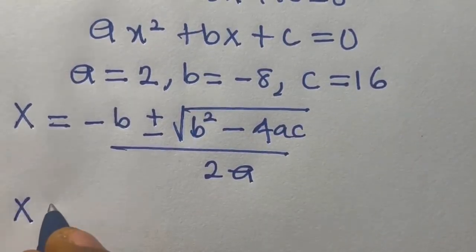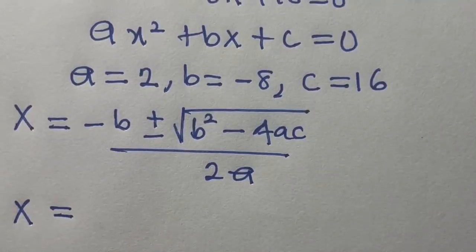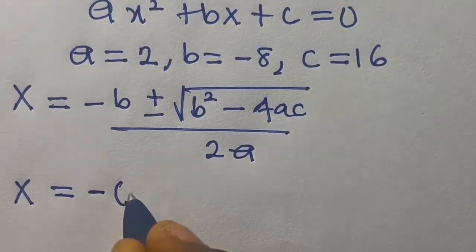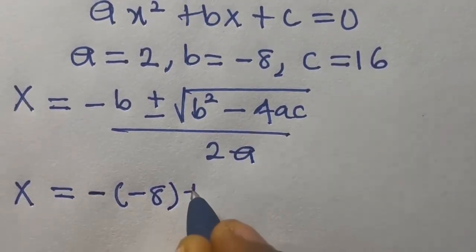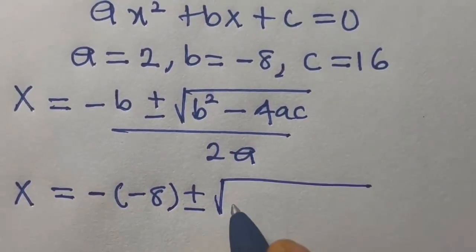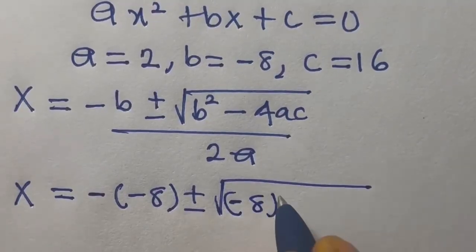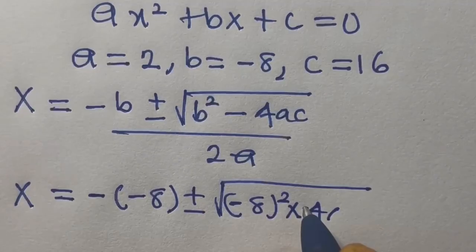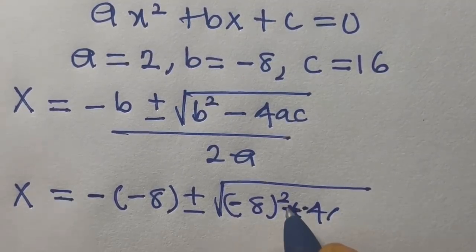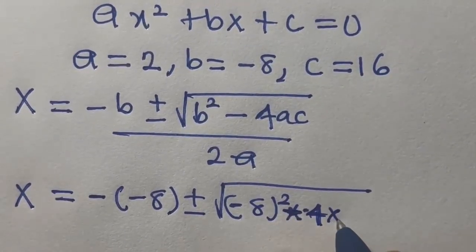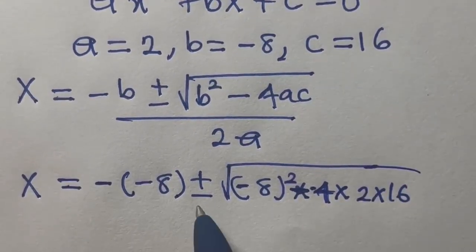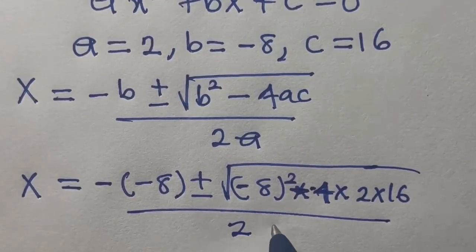So we have x equals minus times minus 8, plus or minus the square root of (minus 8) squared minus 4 times 2 times 16, divided by 2 times 2.